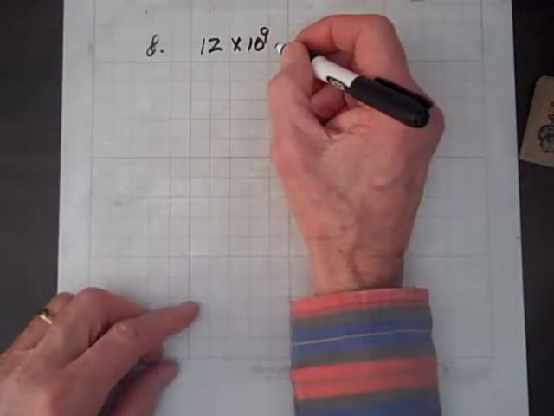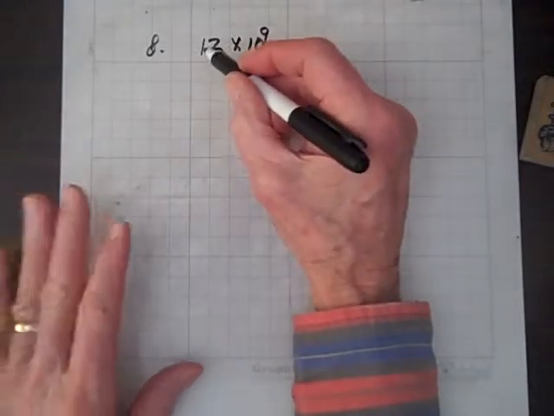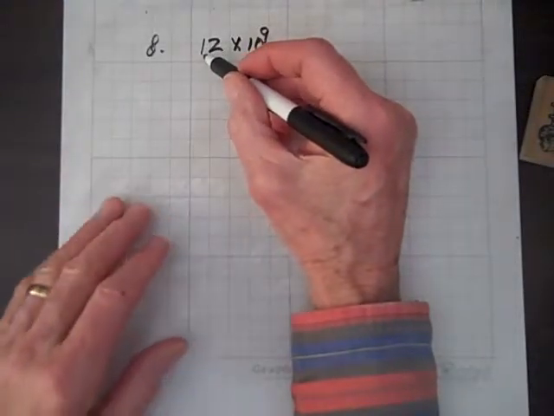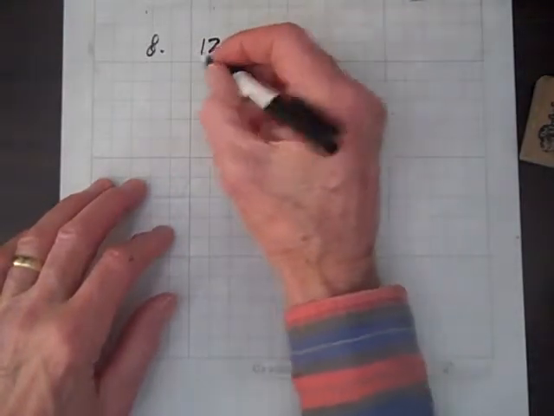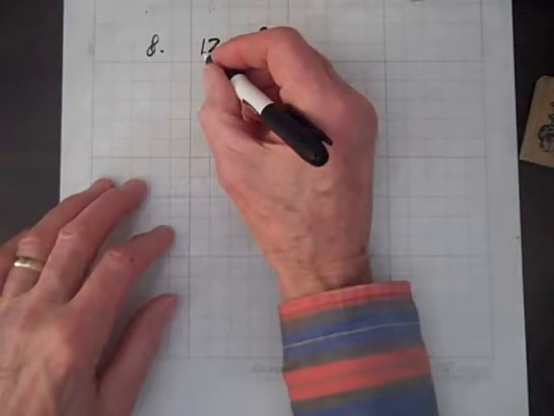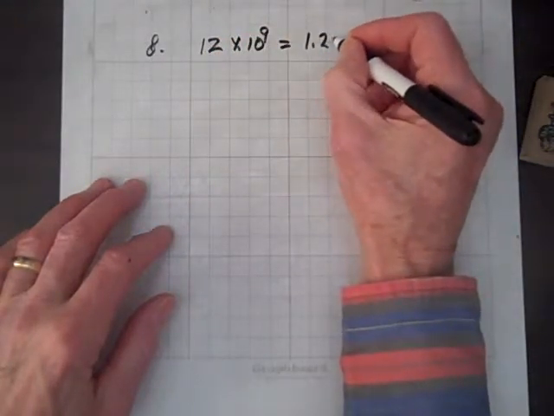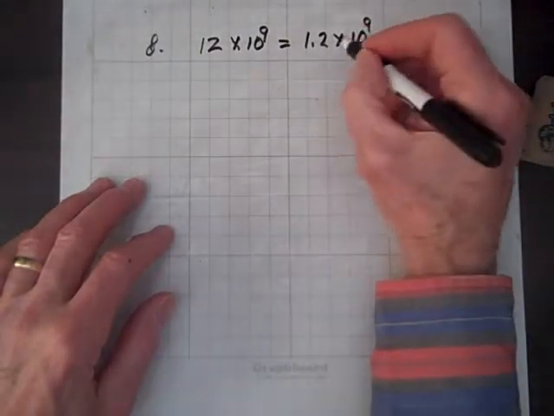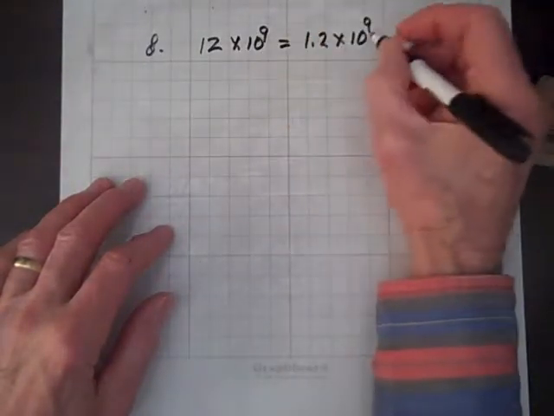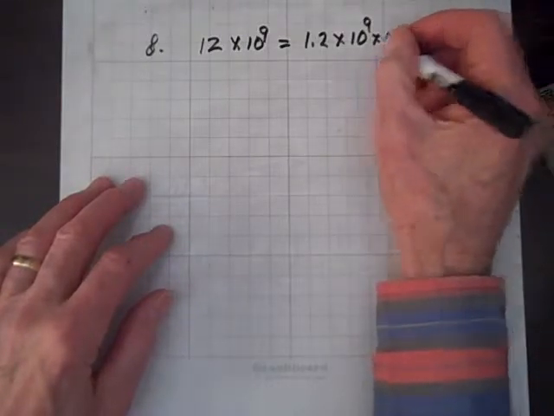and this equals, now we can only have one digit to the left of the decimal, so I'm going to make this smaller by a factor of 10, make that 1.2 times 10 to the 9th, so I have to multiply this by a factor of 10 in order to do that.